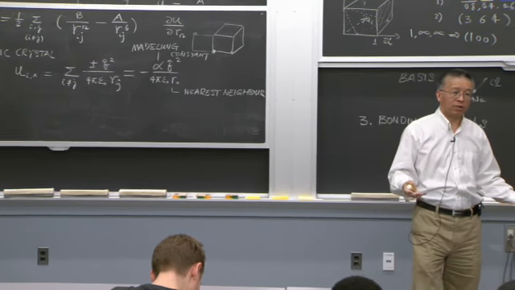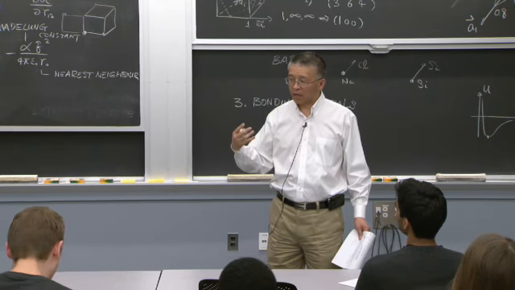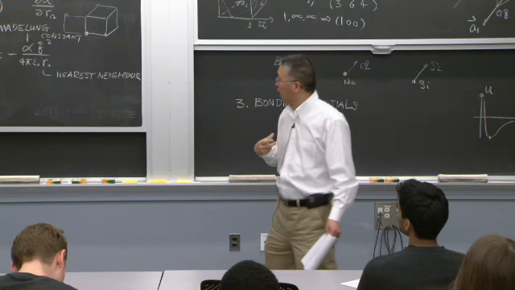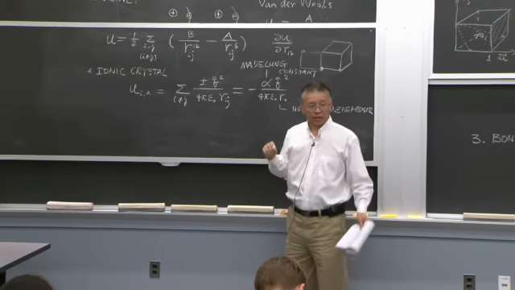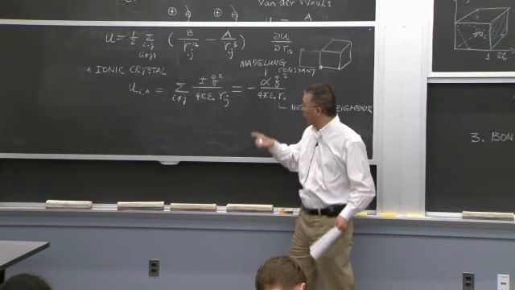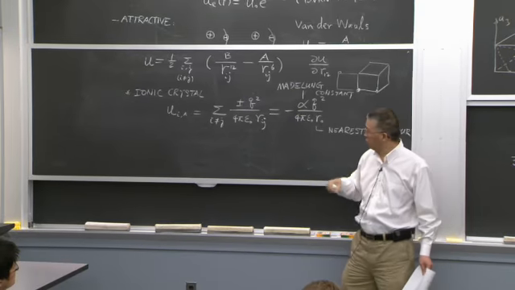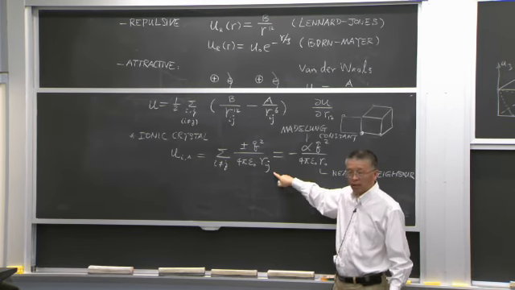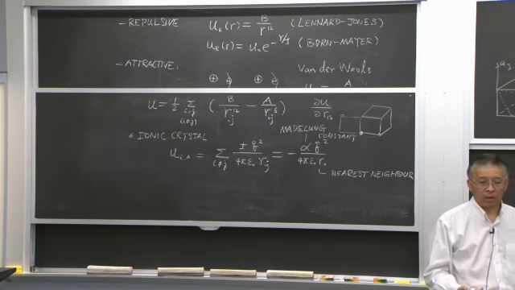Some of you may do molecular dynamics simulation, for example. In that case, at non-zero temperature, you write F equals ma, and your F is this kind of potential interaction. That separation now is not the ideal lattice constant because the atoms jiggle around. So this separation is a function of time. And dealing with ionic force becomes more challenging.